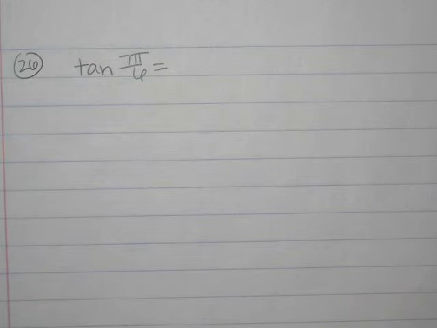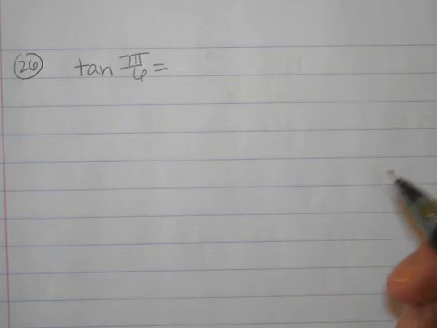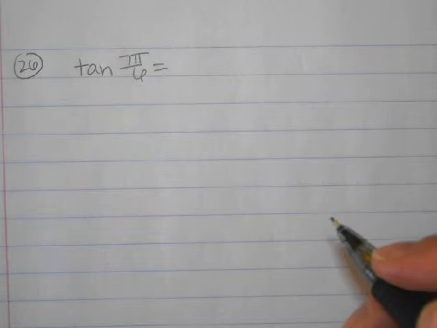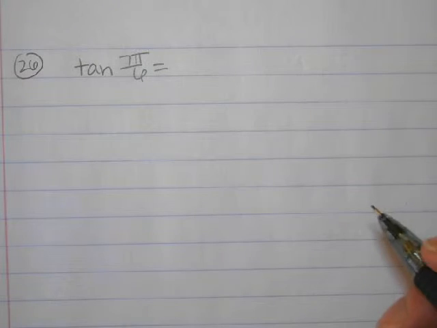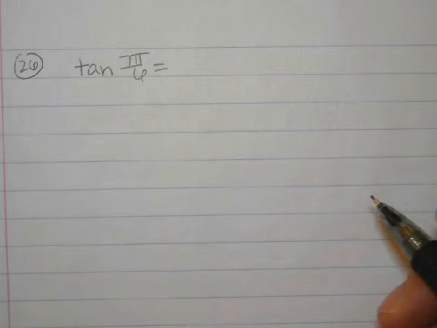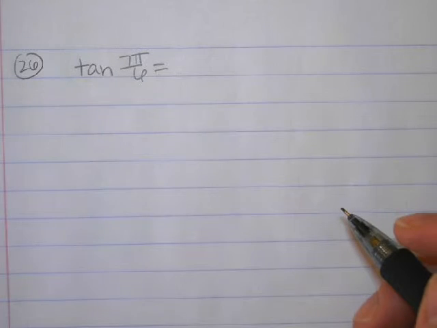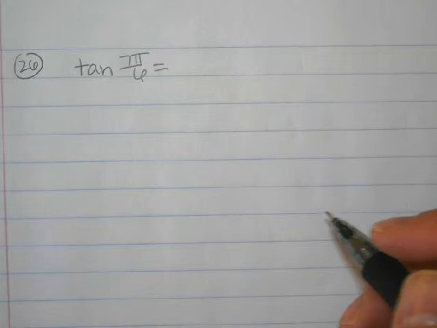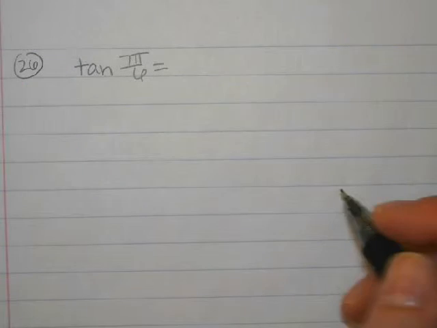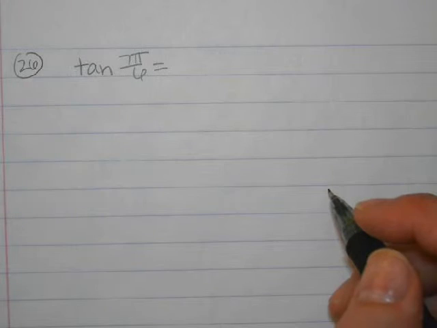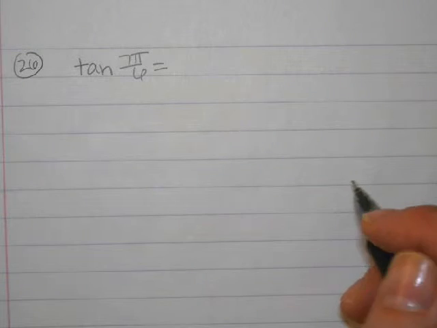You didn't prove it right. You did cos over sine. Close. I think. I can't tell if that's an equal sign or not. I don't know why I thought I could divide that out.